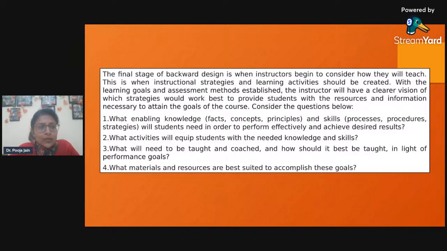So what we need to understand is, if we consider these questions: what enabling knowledge and skills should the child know, what activities will equip students to gain that knowledge and skills, what will need to be taught and coached, and how will you teach it when you're talking about performance tasks, and what materials and resources are best suited to accomplish this.